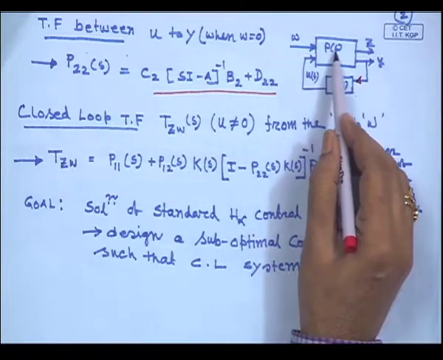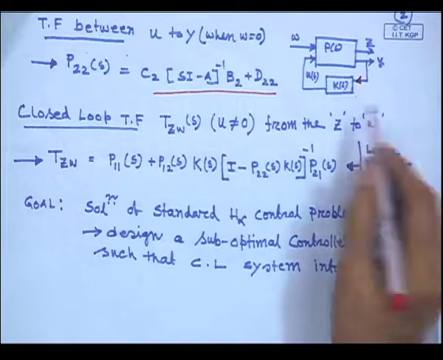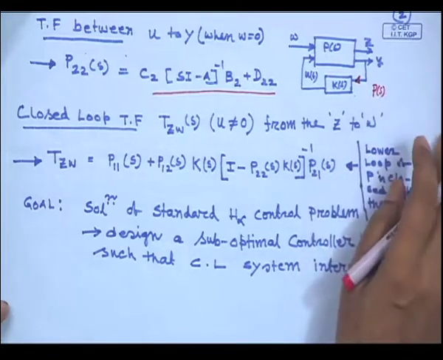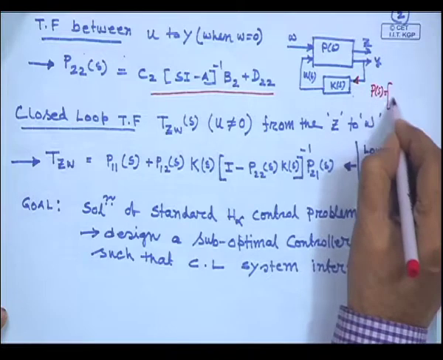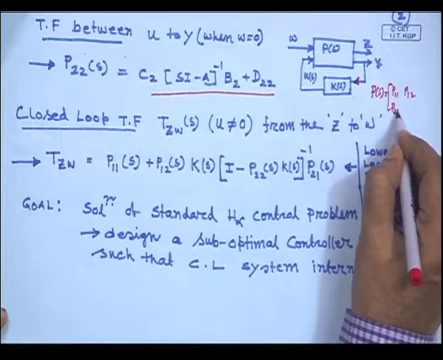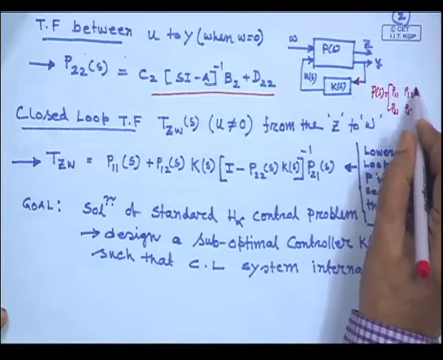So P(s) we have like this way: P11, P12, P21, P22.